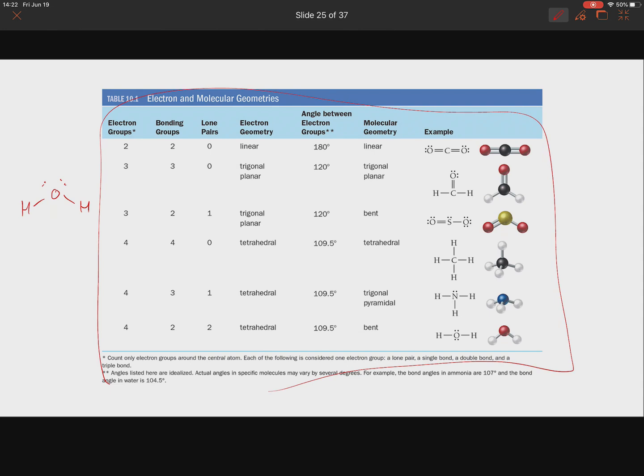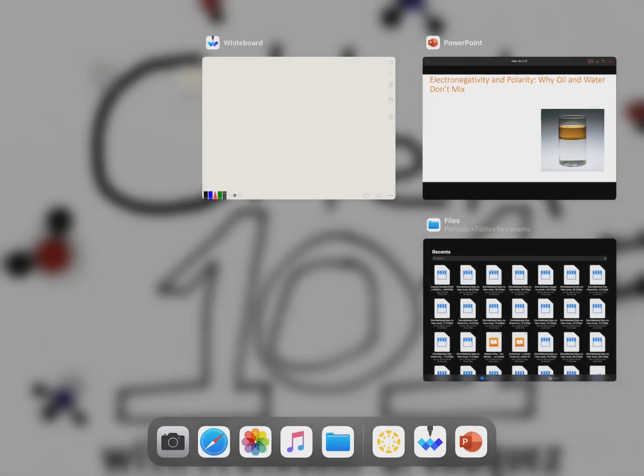All right. Should we try one? Let's try one. So let's determine the molecular geometry of ClO2 minus, which is chlorite. Now chlorine has 7 valence electrons.